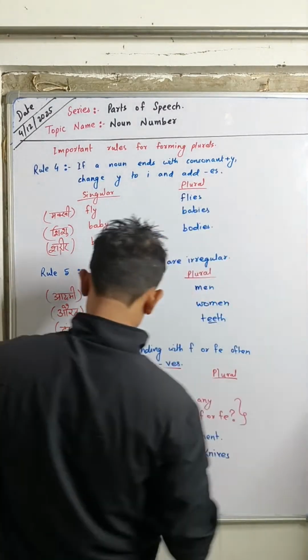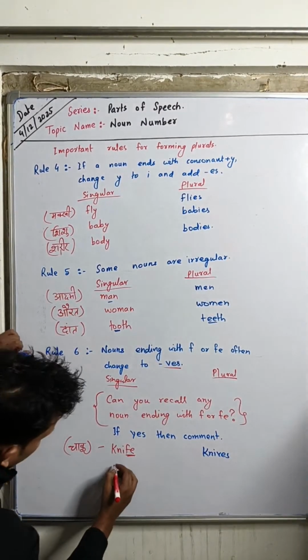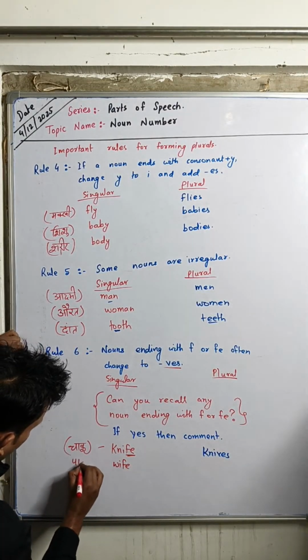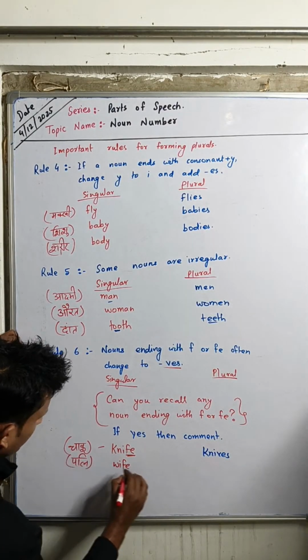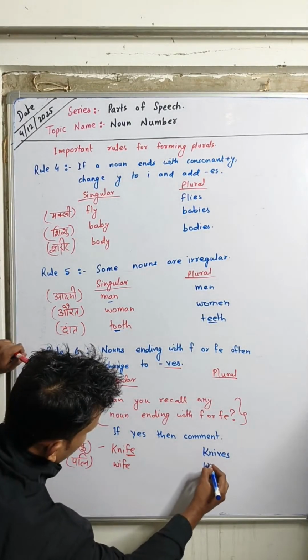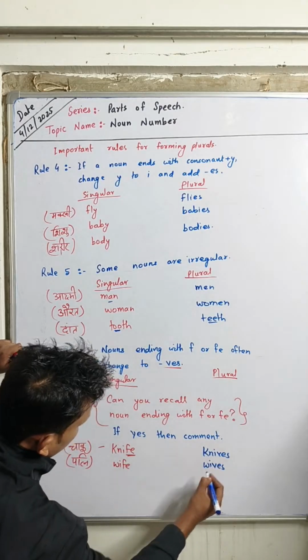Okay, there is another noun called wife. Patni. WIVES. Wives.